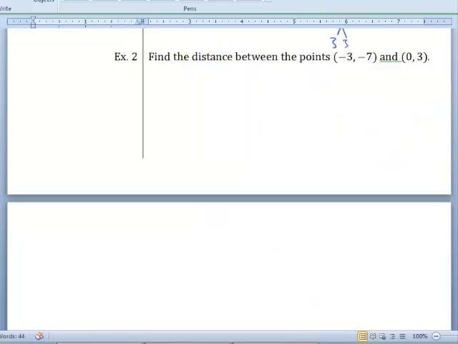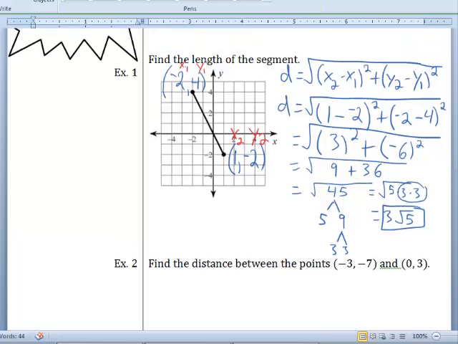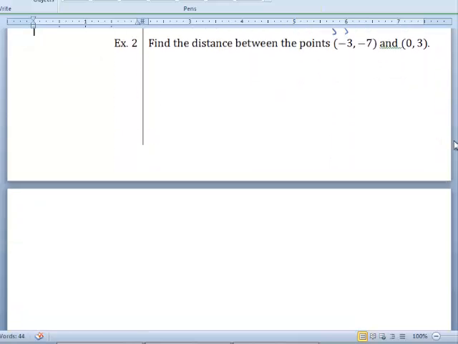Let's do one more. All right, find the distance between the points -3, -7, and 0, 3. Notice here, again, one says find the length, one says find the distance, exact same thing. All right, I'm going to call this my x1, this is my y1, this is my x2, this is my y2. That really helps me.